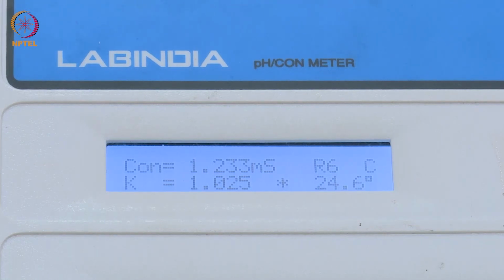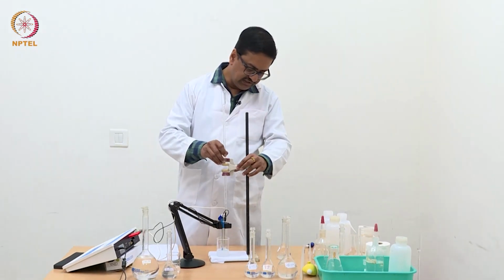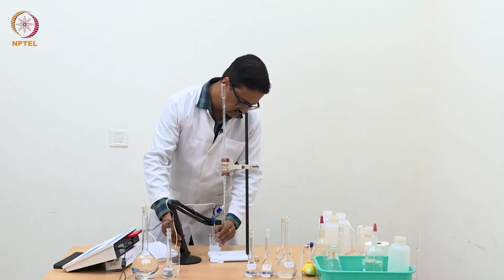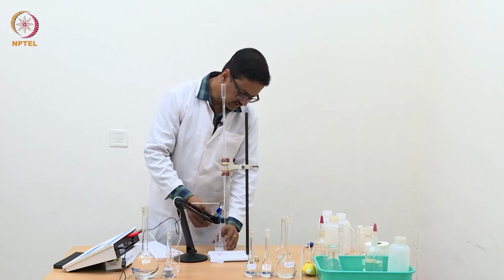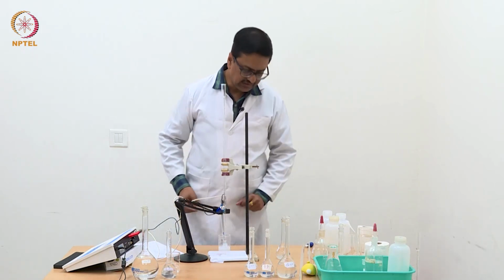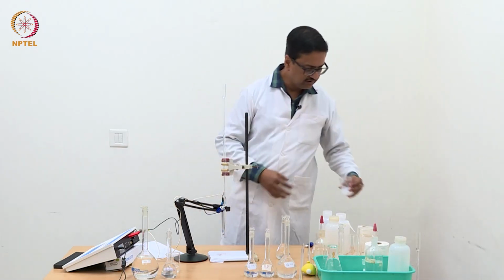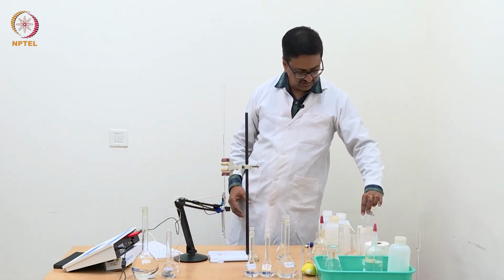Very quickly we should remove the burette, take it away, and carefully lift up the electrode, remove the solution and throw it away.